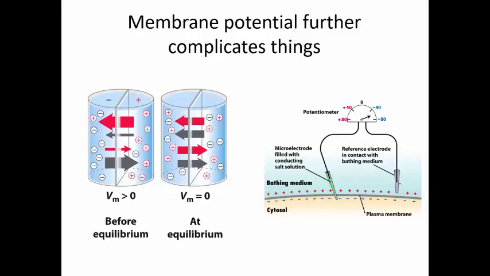Even if you're looking at something here, this one has a membrane potential because we have more negative charges on the left side than the right side. In a situation with membrane potential, negatively charged things want to move from this side to this side. That may happen even if their specific concentration is actually higher on this side.